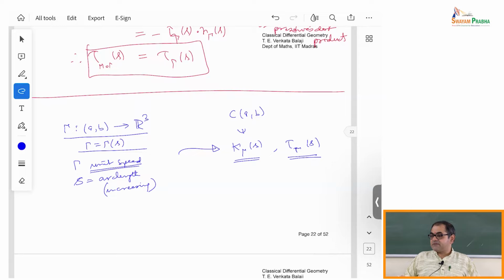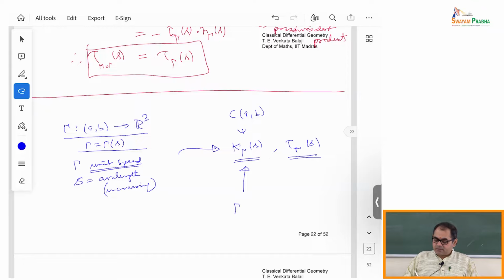Therefore, I can define curvature, but what is the curvature? It is the second derivative of the parameterization. The first derivative is the velocity, and its magnitude is the speed, that is supposed to be 1. The second derivative is your curvature, and of course I have to take the magnitude of the second derivative. That means I have to differentiate twice. So for this I need that your gamma is actually in C2AB.